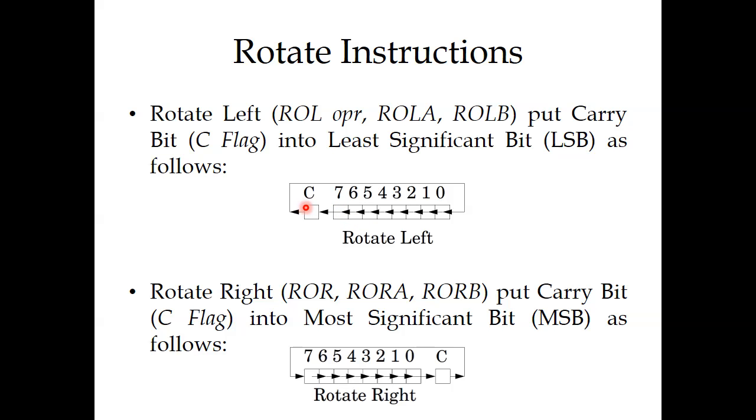We'll see some examples. The same goes for rotate right. We move the carry all the way to the left side, push everything to the right, and the very rightmost bit goes to the carry. So basically you are rotating everything. And we have 3 different rotate left instructions. This one is for the memory locations, and this one is for accumulators A and B. As you can see, there is no rotate for accumulator D, right?